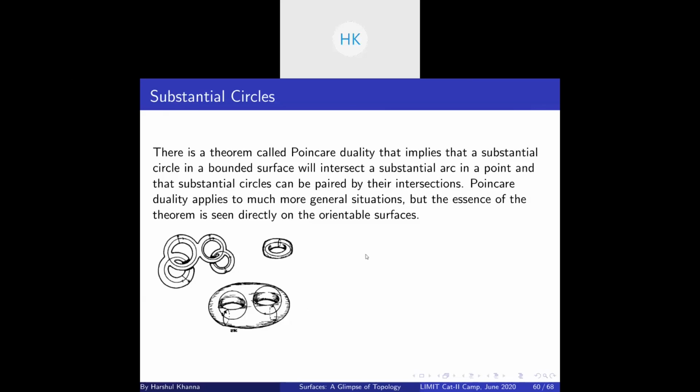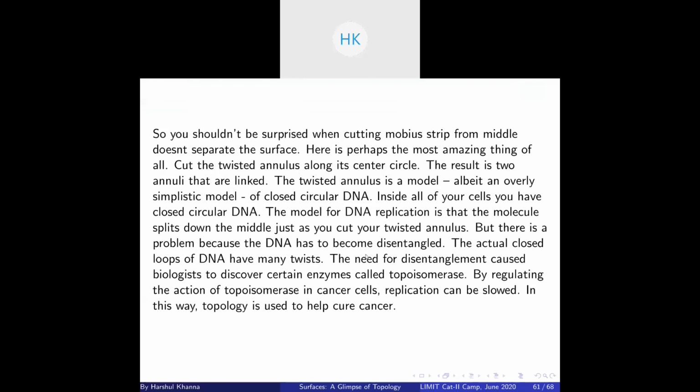So you should not be surprised when cutting the Mobius strip from the middle does not separate the surface. Why will it not separate? Because, as I said, the Mobius strip has a substantial arc when you cut perpendicular to its length.